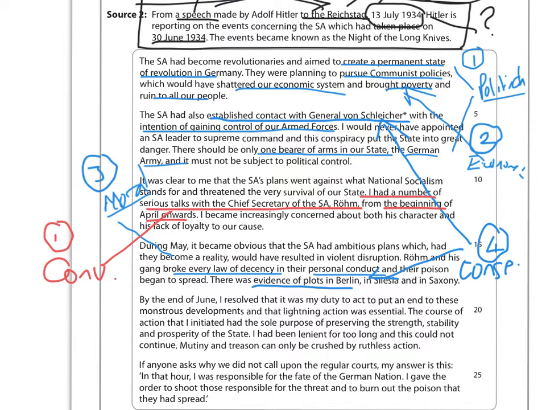But then, when it became obvious that the SA had ambitious plans, he resolved that lightning action was essential. So number 2, violence. He resolved on a violent course, which of course became the Night of the Long Knives of the 30th of June 1934.